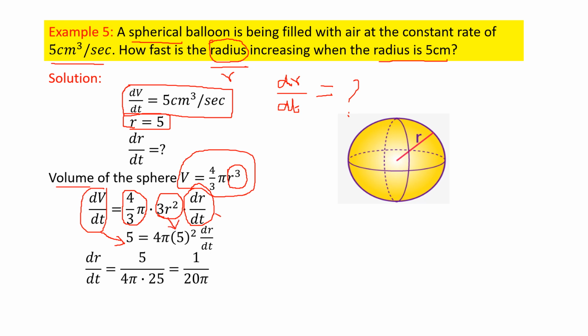We have to keep dr by dt as it is because we are looking for the dr by dt value only. By simplifying this, we'll get 1 over 20 pi. This is the final answer. dr by dt equal to 1 over 20 pi. We need not simplify the pi value. You can keep it as it is, or if you want, you can multiply by the pi value.